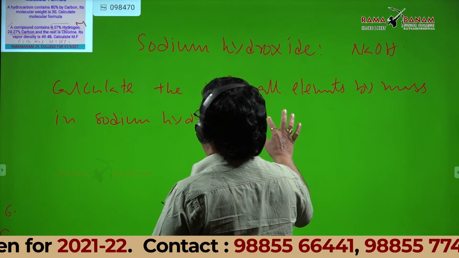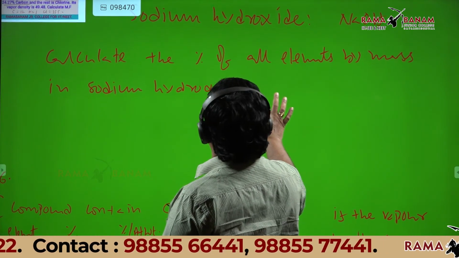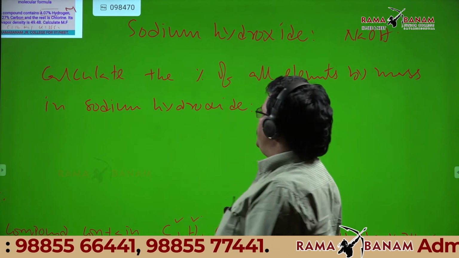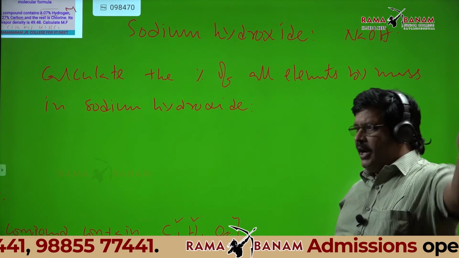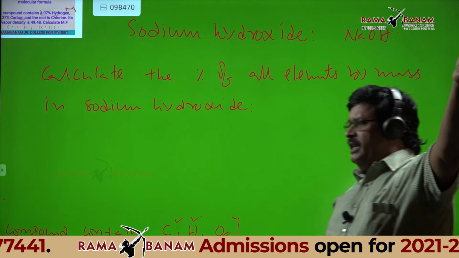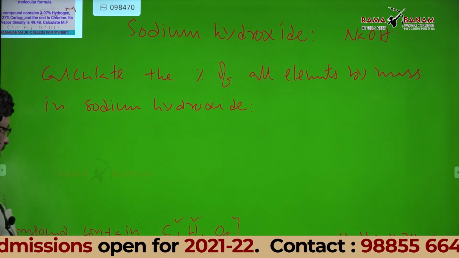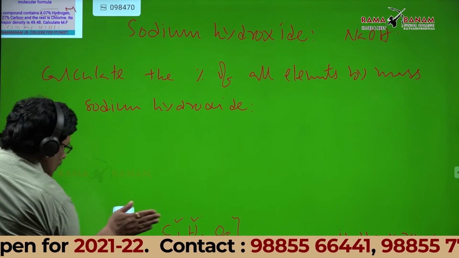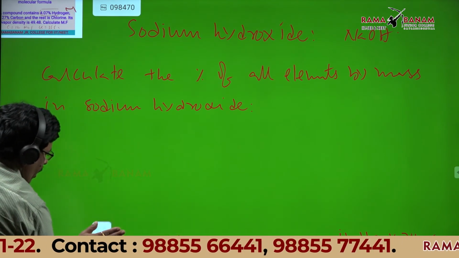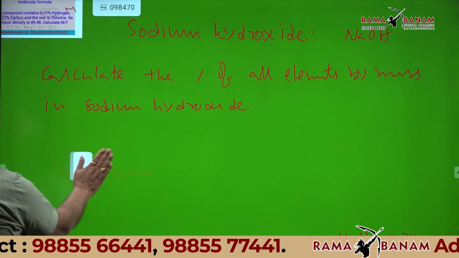Wait. Students, it's not a difficult one. It's very simple. Sodium hydroxide is given. Calculate the percentage by mass of all elements in sodium hydroxide. That is the problem given.